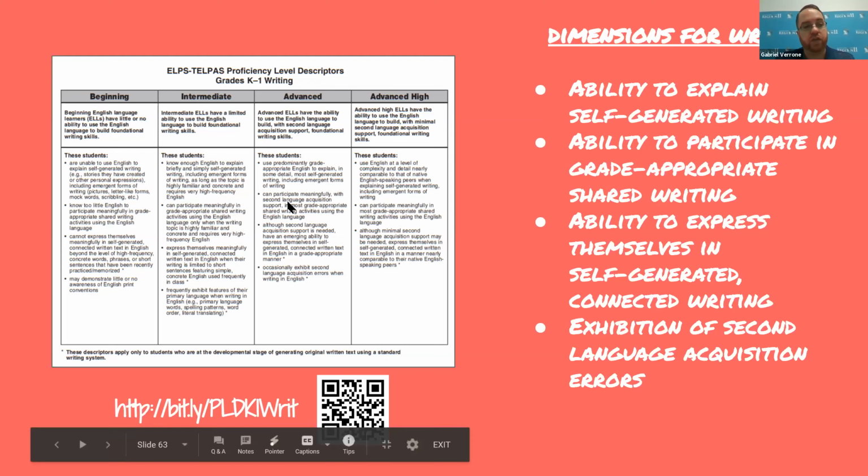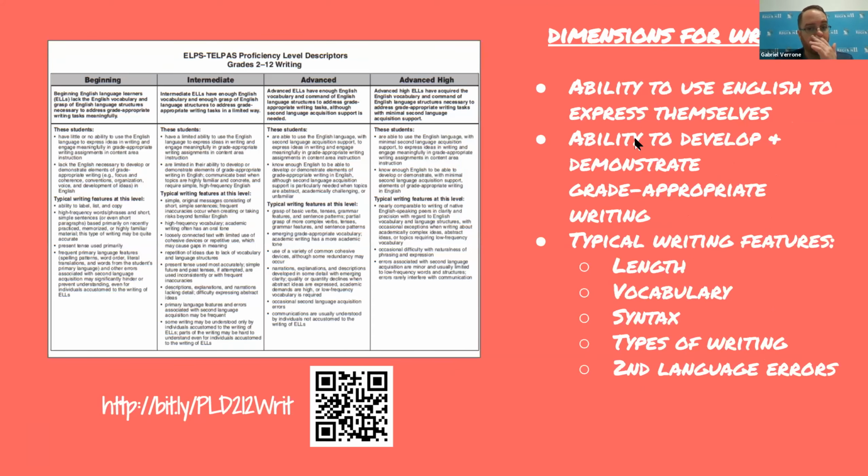And it talks about the continuum of exhibition of second language acquisition errors, okay? For the 2 through 12 rubric, we're looking at their ability to use English to express themselves, to develop and demonstrate grade appropriate writing. And then it talks about what the typical features are by proficiency in terms of length of what they can write, vocabulary choice, syntax, and things like that.